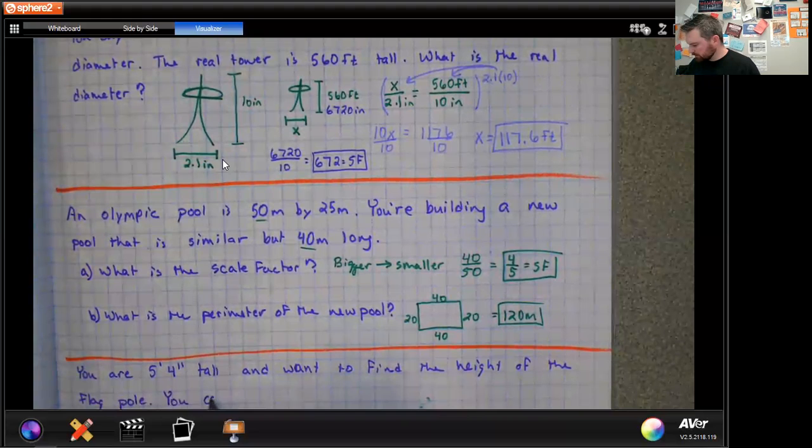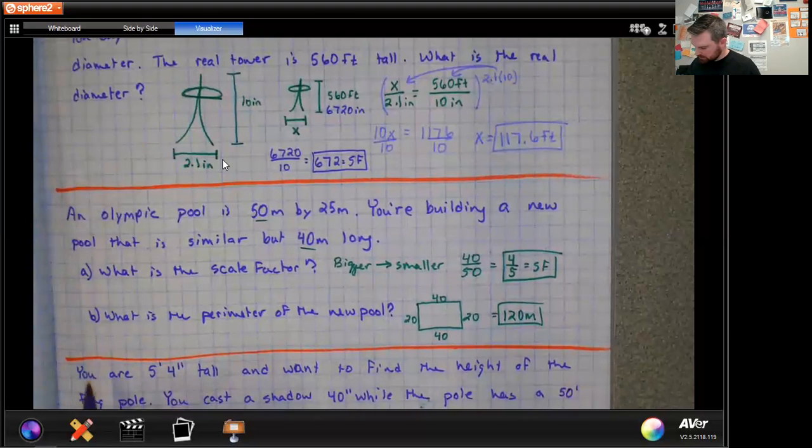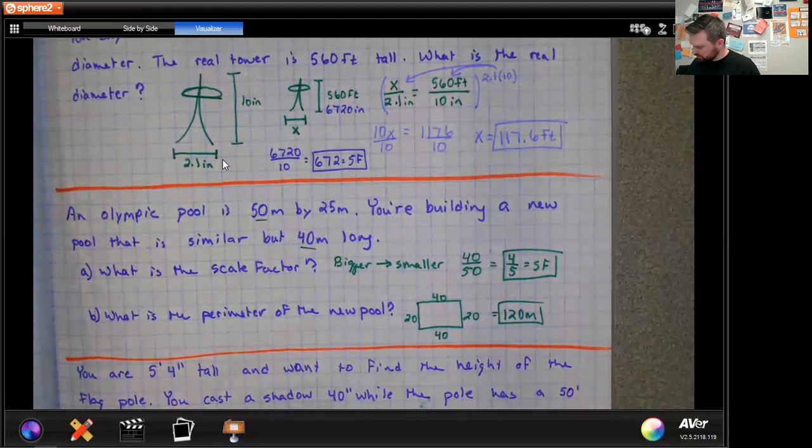You cast a shadow of 40 inches while the pole has a 50-foot shadow. How tall is the pole?